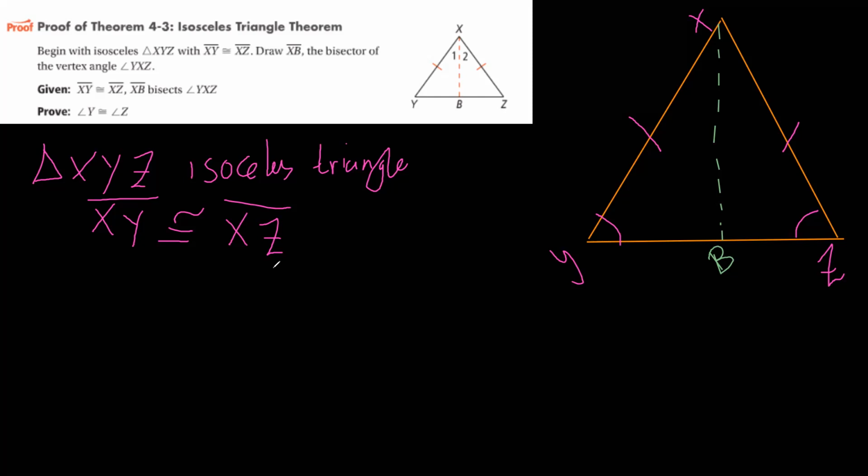Now, I told you that if there's a bisector, it cuts the angle. What will happen with the angle? Look at angle YXZ here. If there's a bisector, it cuts this angle.